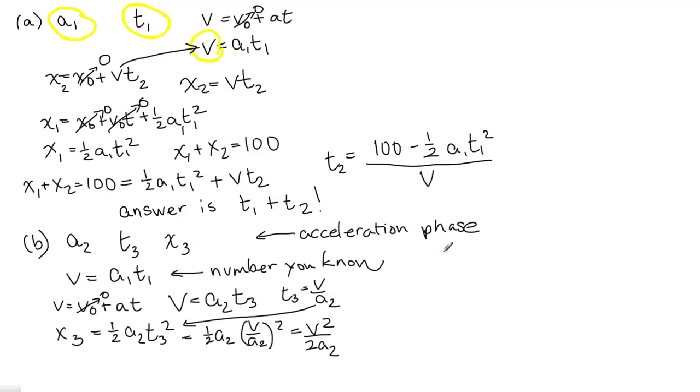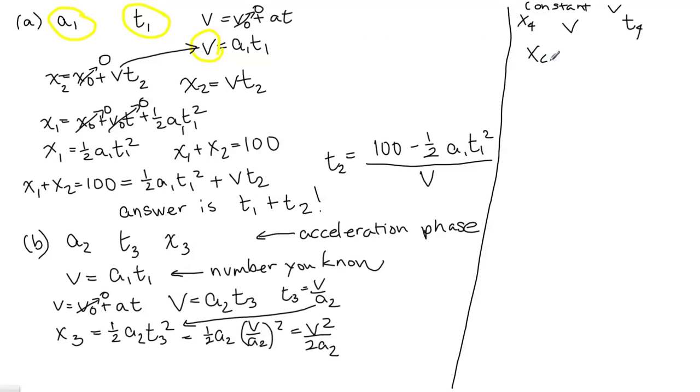To find x4, x4 is the distance traveled in the constant velocity phase. In constant velocity, we have x4 that we don't know, the velocity v, that's a1 t1, the one we always knew, and a time which I'm calling t4. We know that x4 is equal to v times t4 because it's constant velocity.